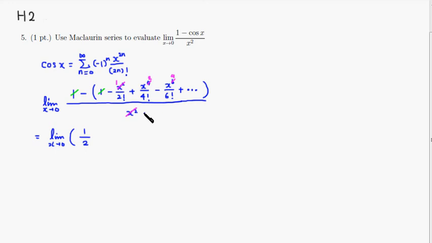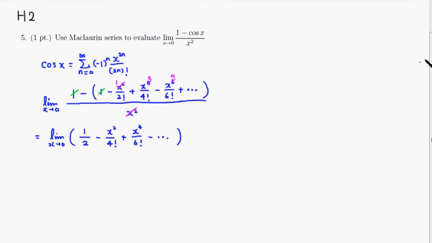The next one is minus x squared over 4 factorial. The next one is plus x to the 4th power over 6 factorial. And the next one is minus, because the sign changes, and so on.